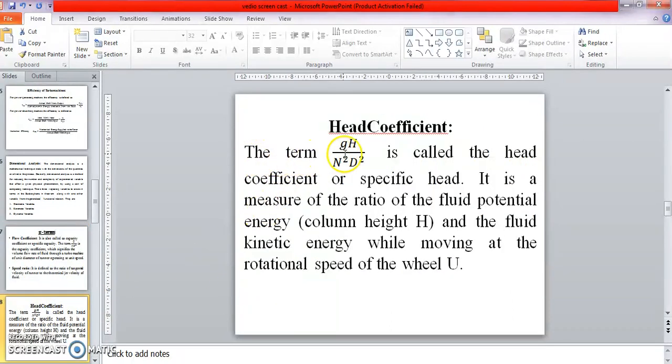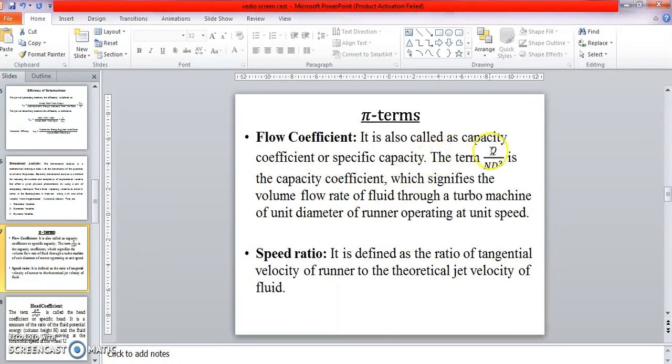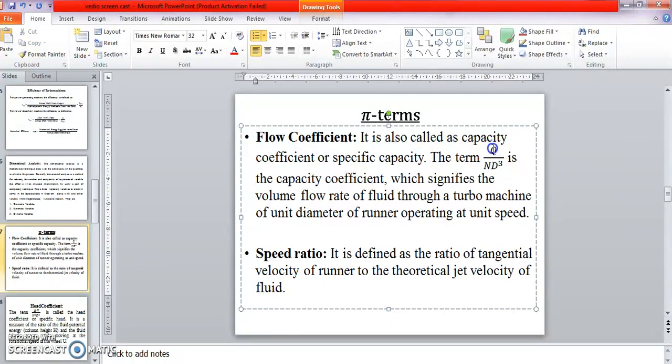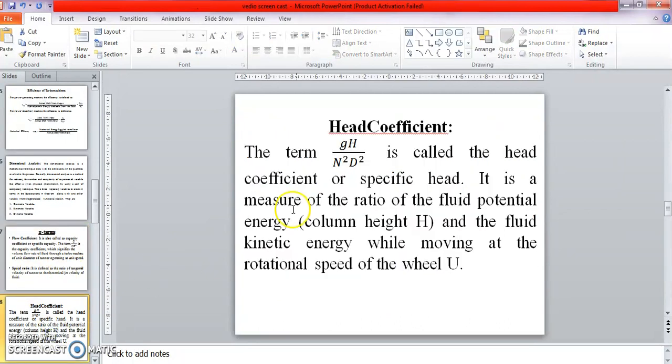So the term g H divided by N square D square, this term we call it a head coefficient, whereas this Q by N D cube, this term we call a flow coefficient or specific capacity. g H divided by N square D square is also called specific head. It is a measure of the ratio of fluid potential energy and the fluid kinetic energy while moving at the rotational speed of the wheel U.